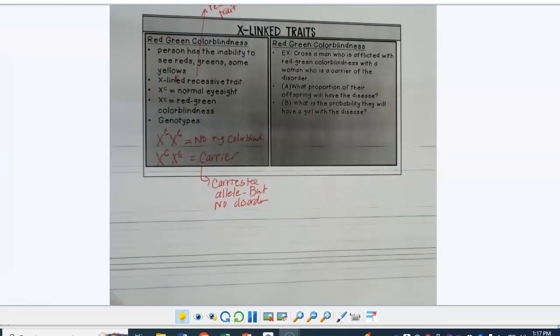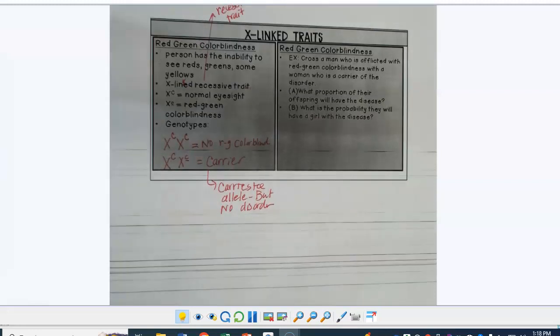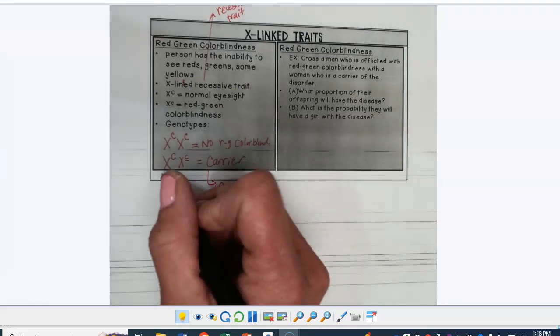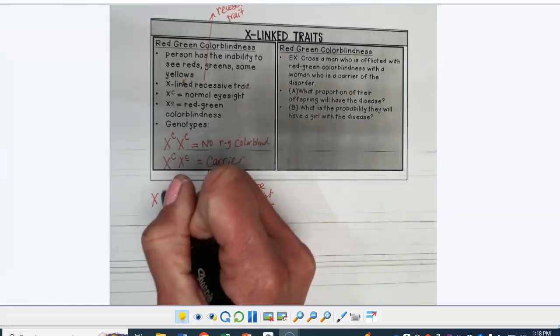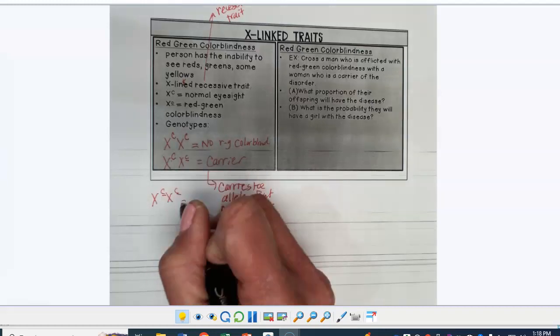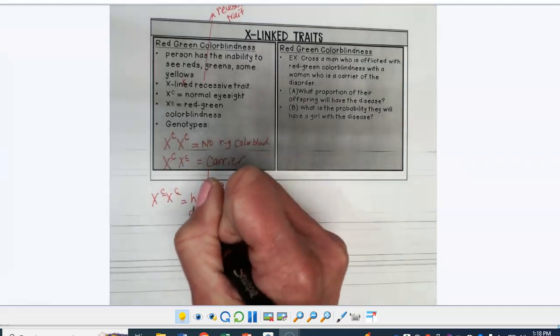You don't see it that often in females because the female has the option to be a carrier or to be homozygous. The male can only have 1 of the alleles. So in order for the woman to have red-green color blindness, she needs 2 recessive alleles, and I'm going to say has disease.